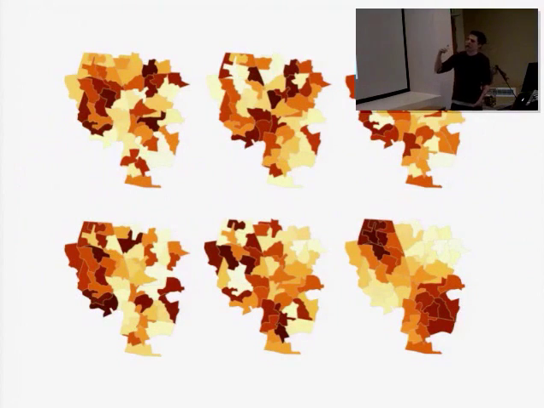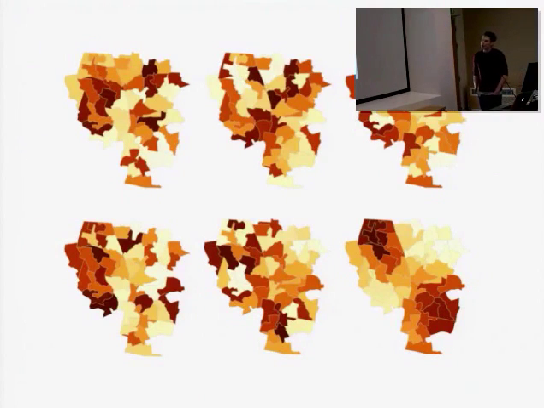So we could construct a lineup test where we have a real plot and lots of decoys built under some hypothesis. And if we can easily identify the real plot from the decoys, then that gives us some confidence that there really is spatial autocorrelation in the data set that we're looking at.